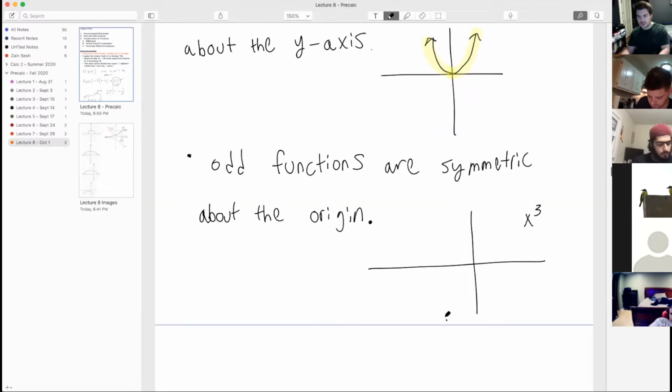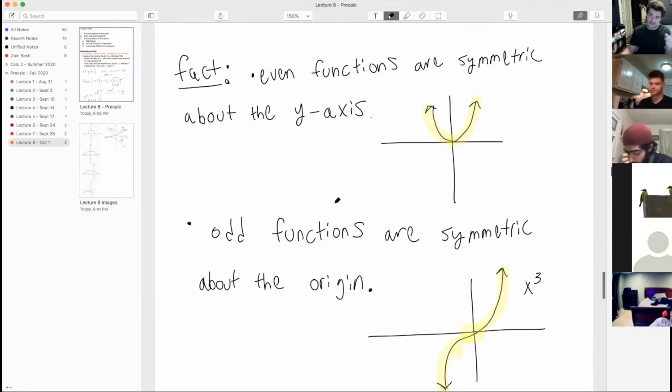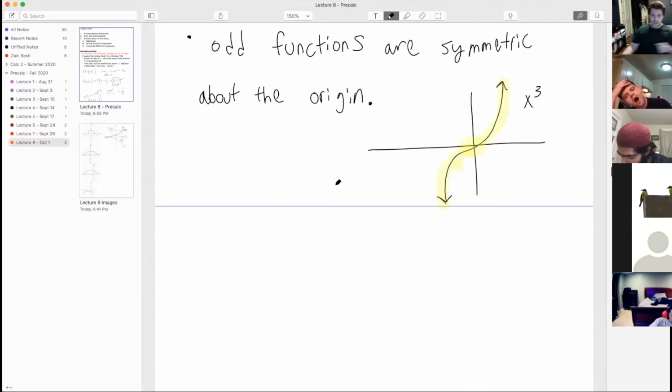It looks something like this. And if I fold this part of the graph over the origin, over the middle point here, it will land exactly on itself. All right, so that's the geometric interpretation of evenness and oddness. Okay, so any questions?